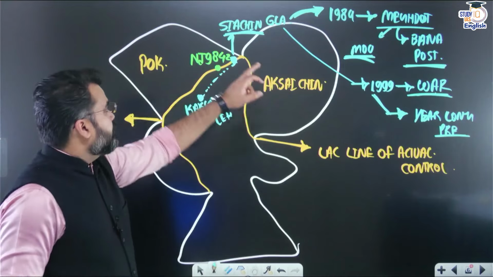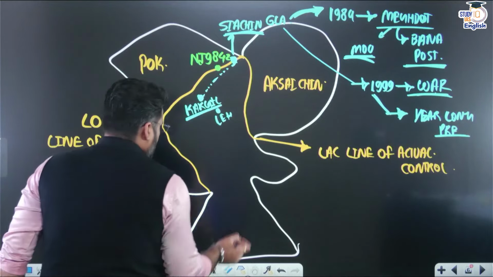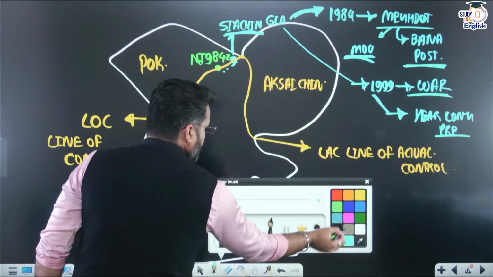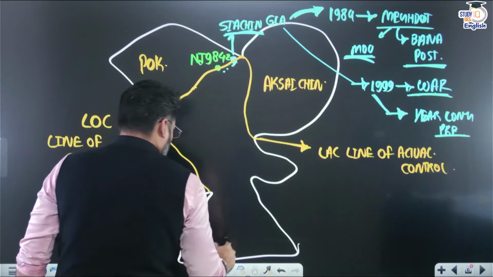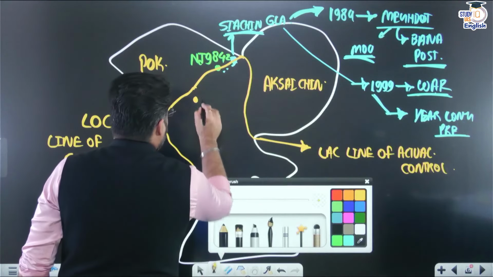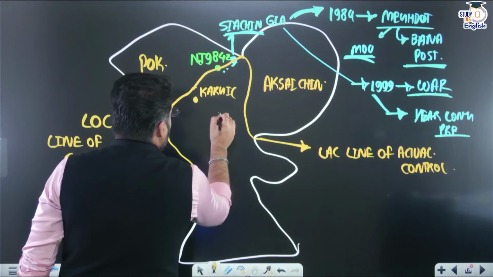Fine. So this is Siachen, this is NJ9842, this side is Kargil, this side is Leh. Let me mention it clearly, otherwise you're going to get confused. This is LOC. This side is called Kargil. This is Leh.